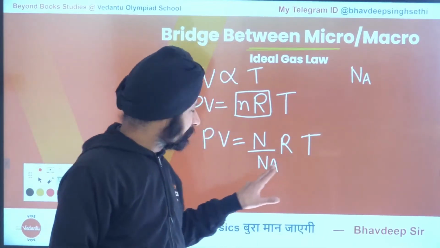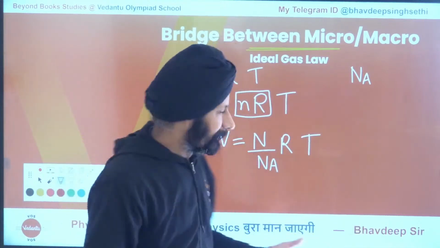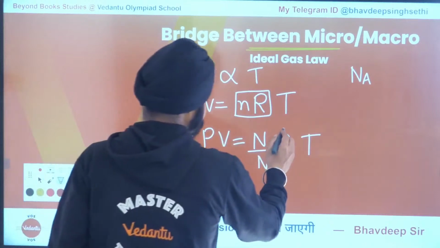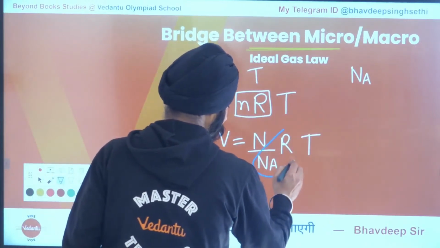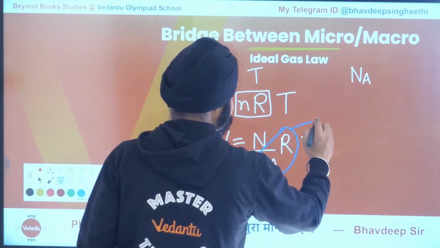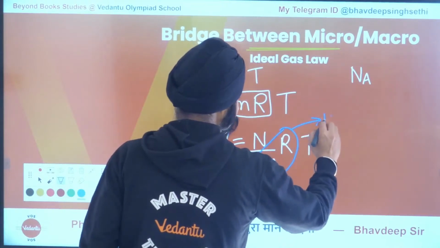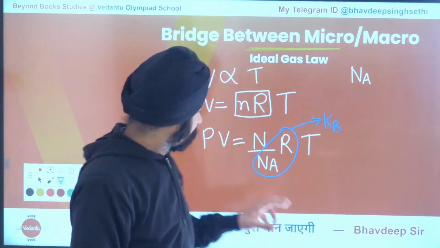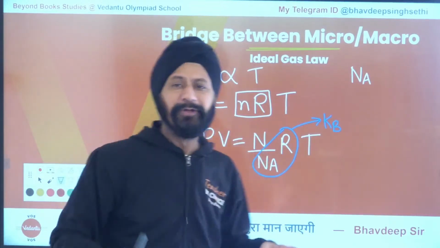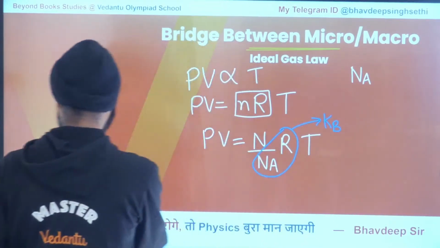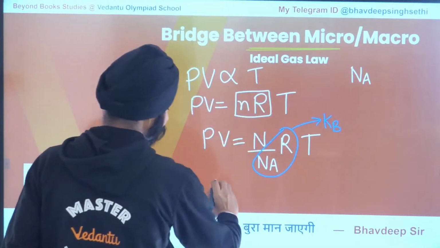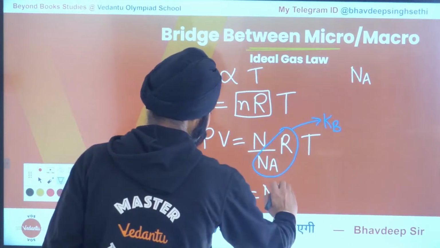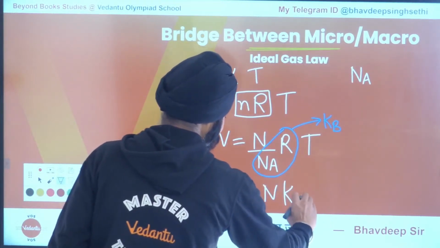This is a constant, and this is a constant, and this is where the Boltzmann constant comes into play. Let's make this a new constant and call it the Boltzmann constant. The Boltzmann constant is simply what you use when you are going into the microscopic world. So you can rewrite this gas equation as PV is equal to N times the Boltzmann constant times temperature.